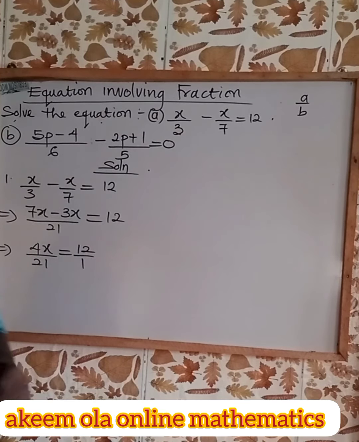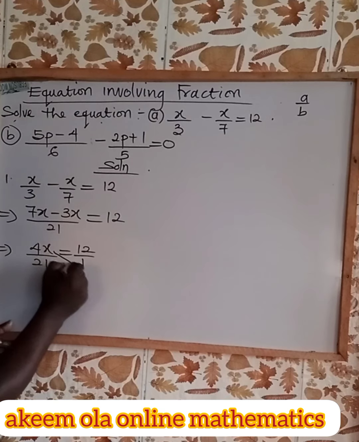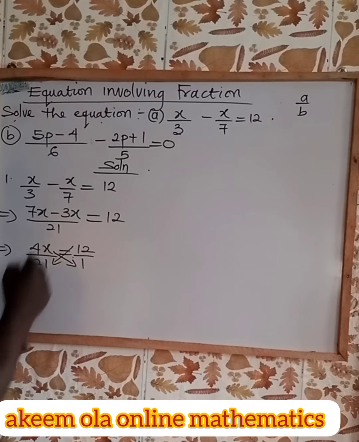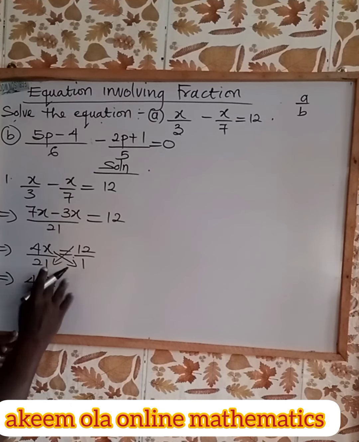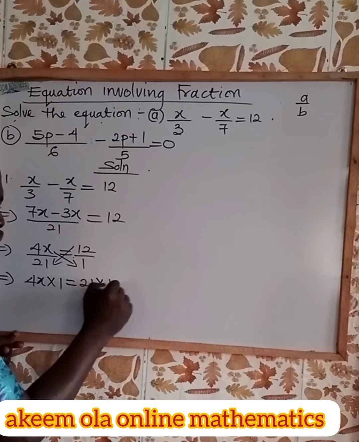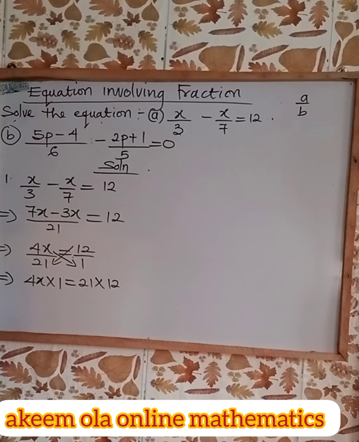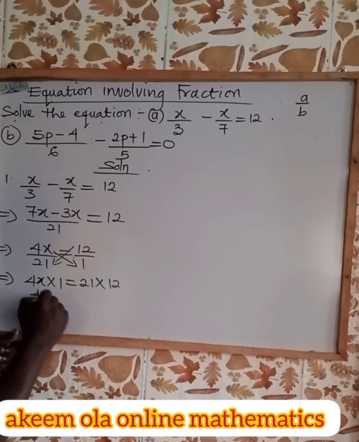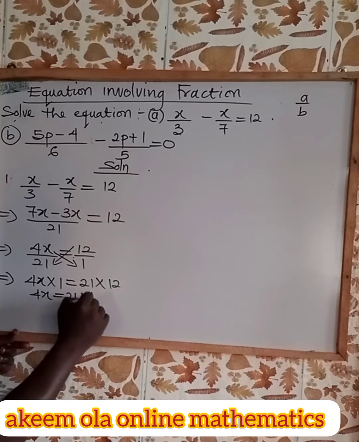From here, we can cross multiply. So if you cross multiply, you are going to have 4x times 1 is now equal to 21 times 12. 4x times 1 will give us 4x. So I have 4x is equal to 21 times 12.